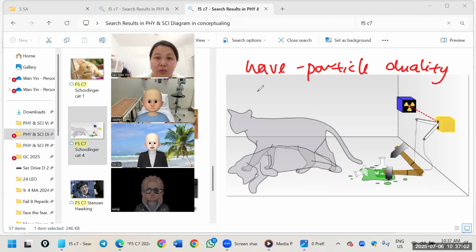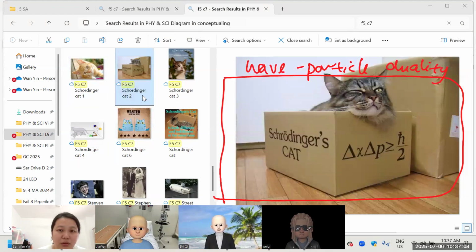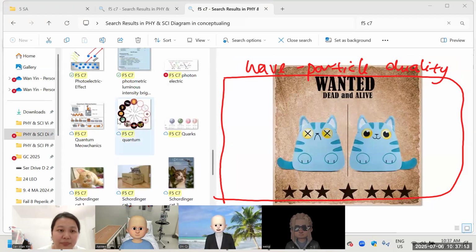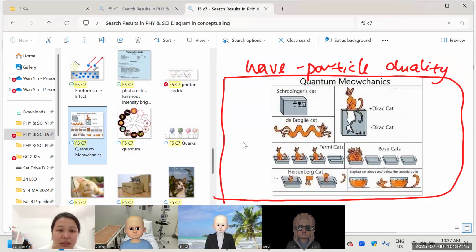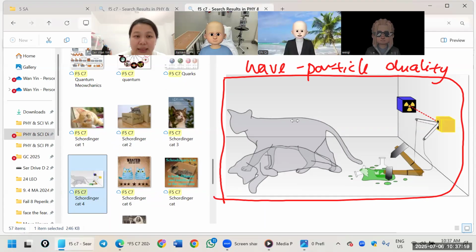Okay, he said, in the box, inside the box, is a closed box. Inside a closed box, there's a cat.